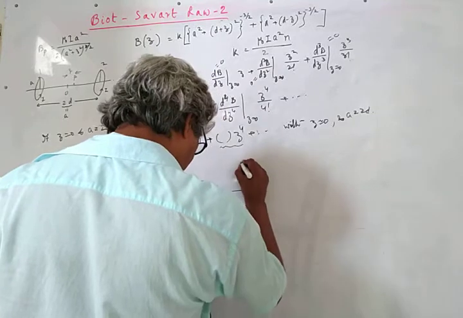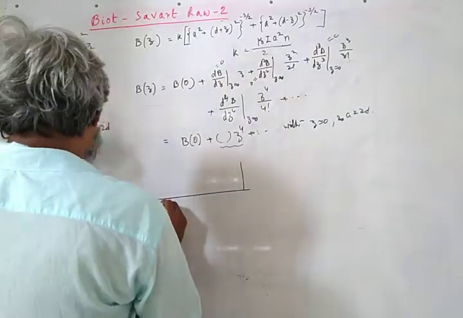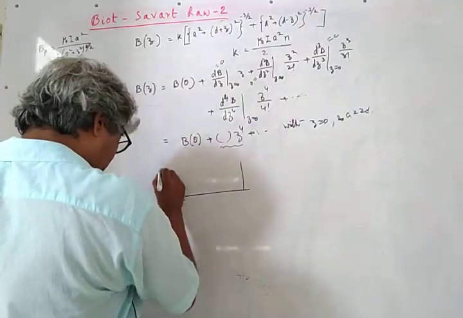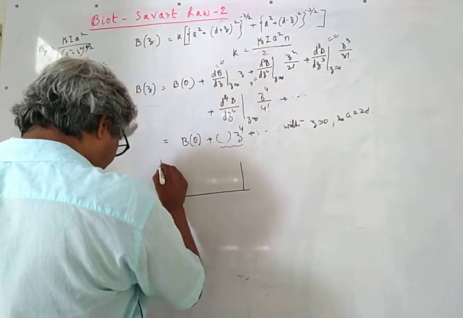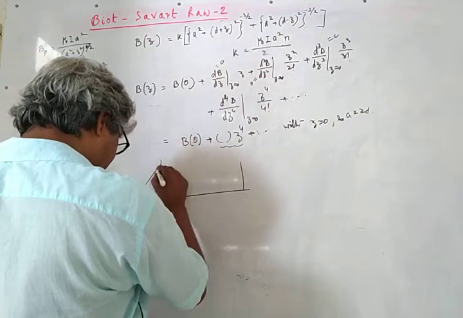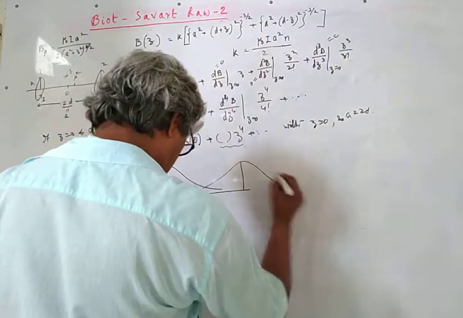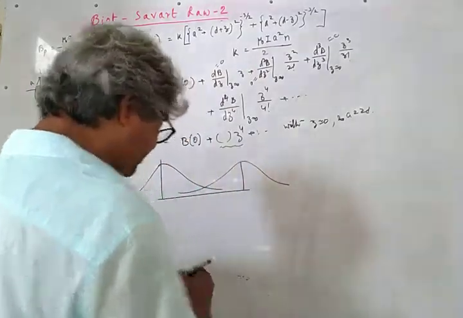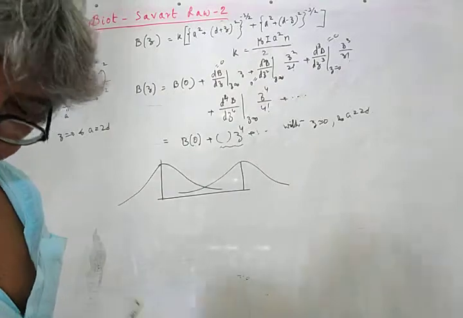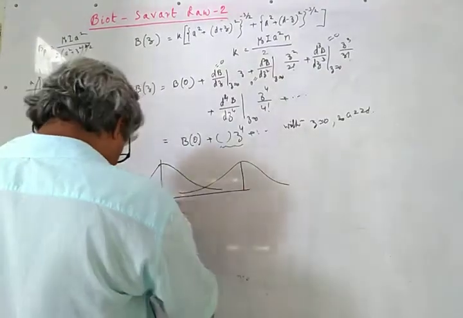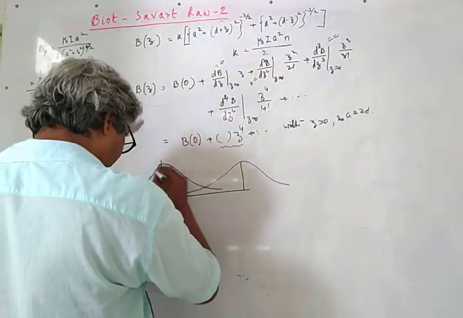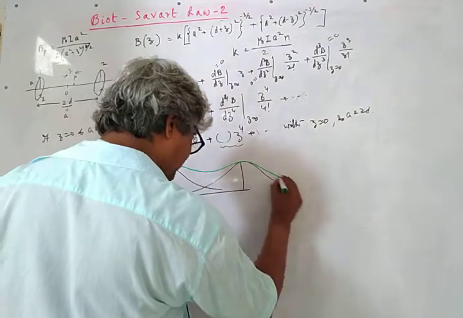You have a coil, first coil, second coil; this is coil 2 and this is coil 1. The field variation is like this. So the resultant field between these two will be the sum of these, and the field will be something like that.